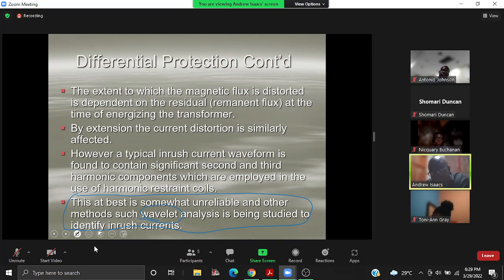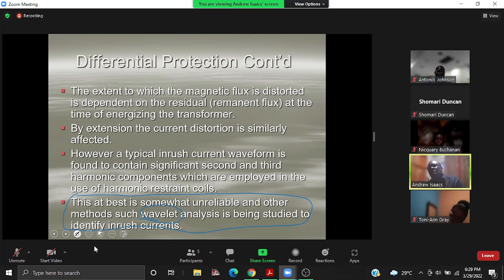If it's a fault current, certain wavelets would define that. So when you see the wavelets, then you would have restraint. But we wouldn't then call it harmonic restraint because it is not doing it based on the second and third harmonics. So you are using the restraint mechanism based on the wavelet analysis.